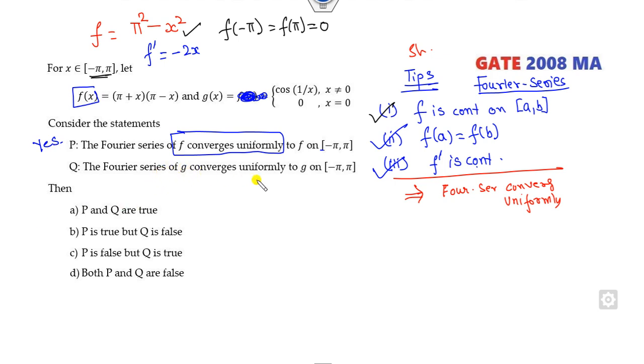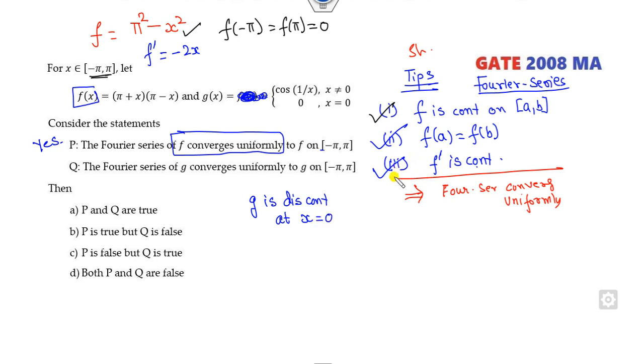Does the Fourier series of g converge uniformly or not? You can see clearly that this function is not continuous. Why? G is discontinuous at the point x equal to 0.